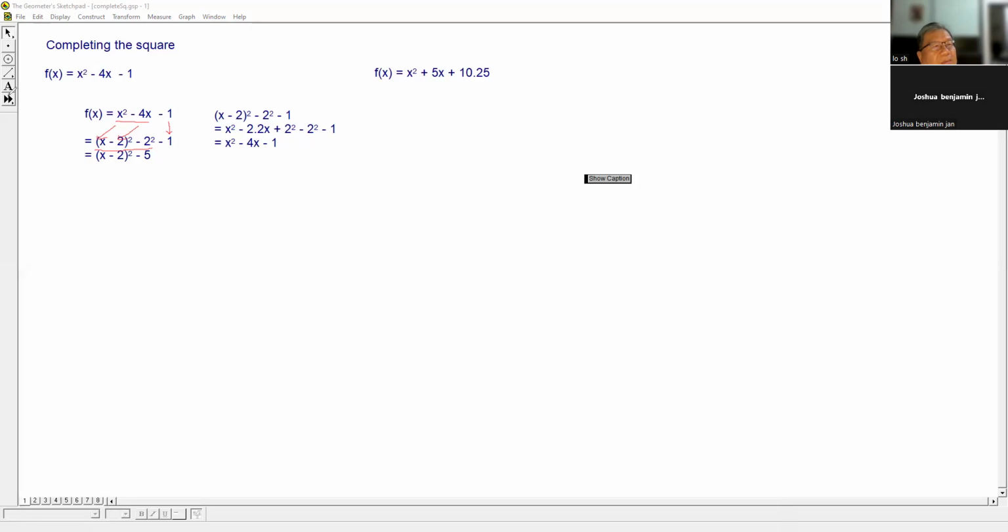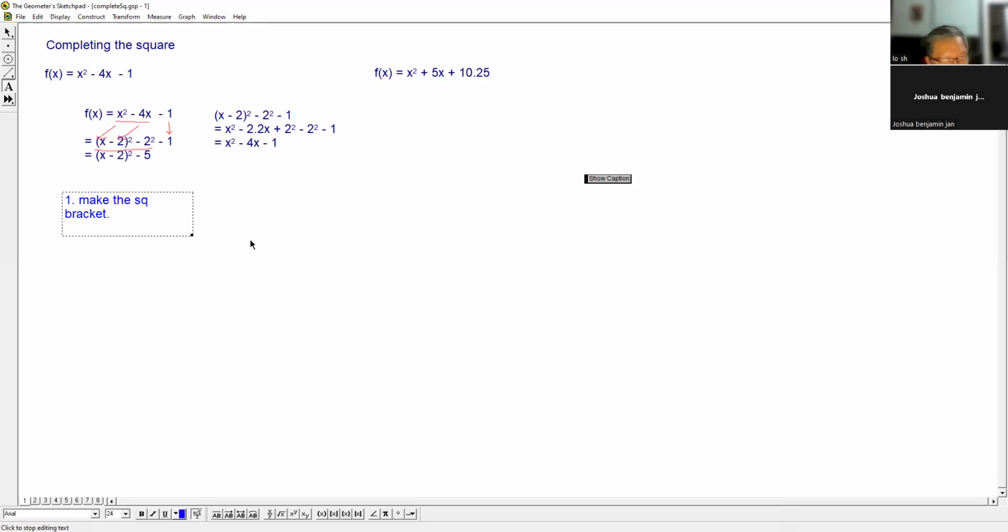Okay, so I'm going to type what are the steps. Step number 1. What must you do? Step number 1, you make the square bracket. How to make the square bracket?